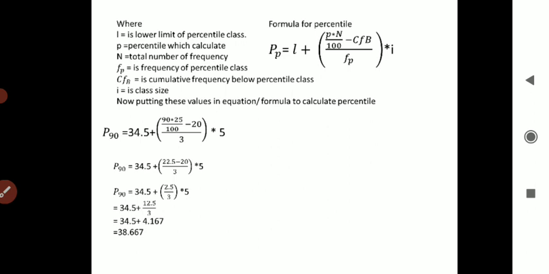P is the percentile which we calculate, N is the total number of observations or frequency. CFB, as the data is in descending order, is the cumulative frequency below the percentile class. I is the class size.